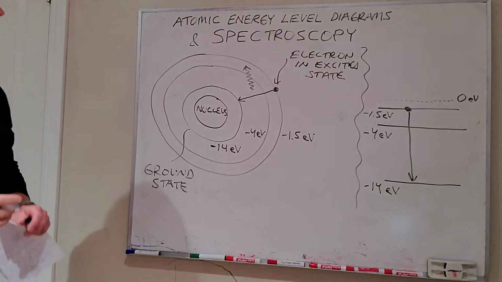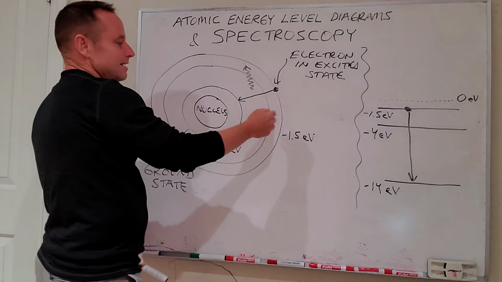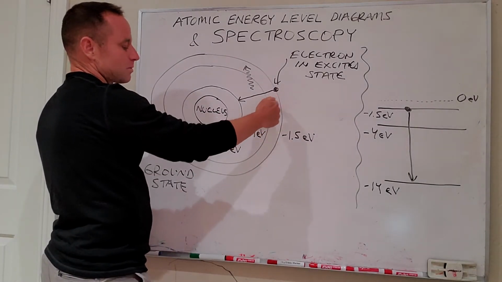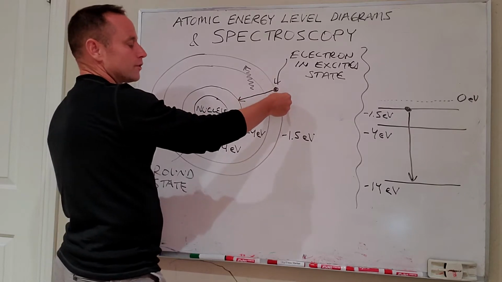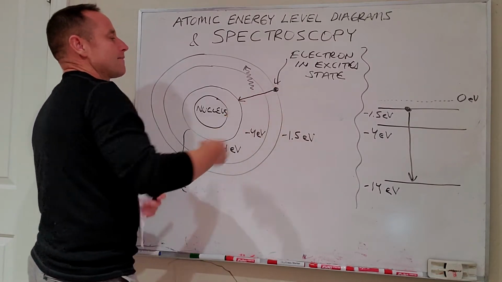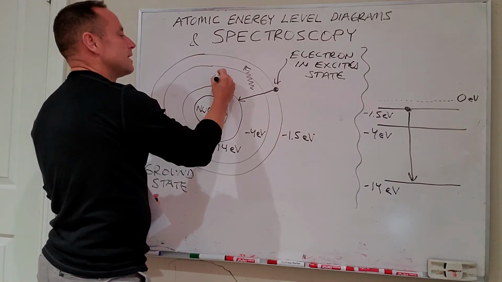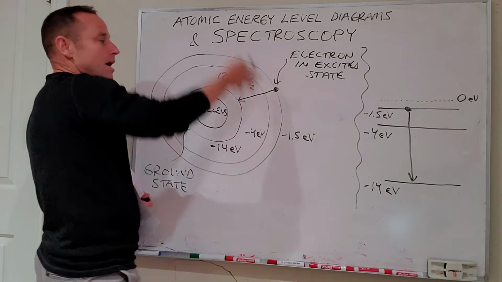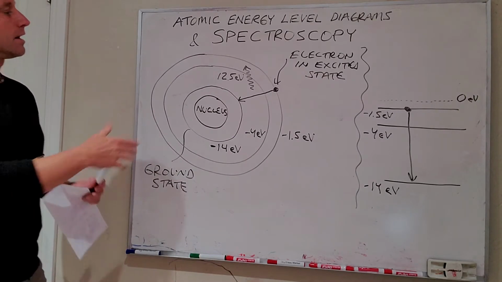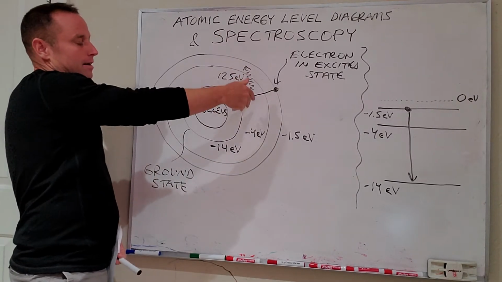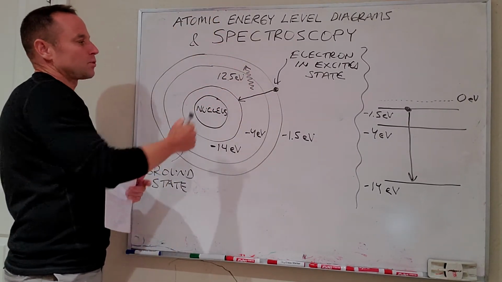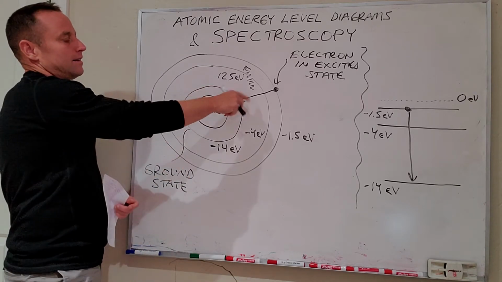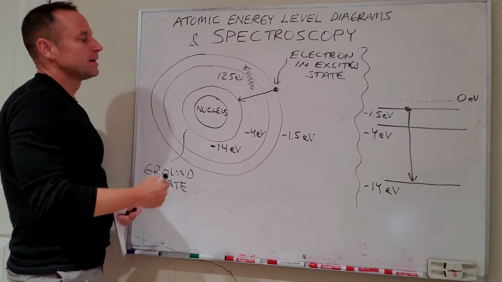Going from minus 1.5 to minus 14, it has lost 12.5, so this would be a 12.5 eV photon. That's one of the light rays that can come off. We'll see later this particular one is a UV light ray.